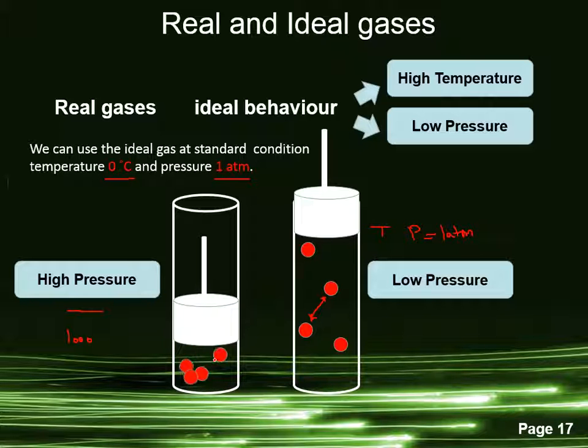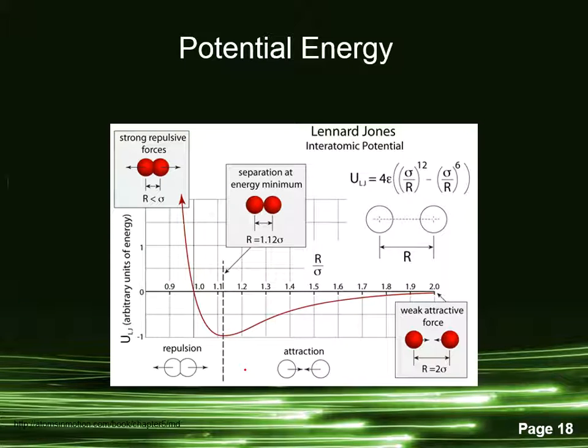Now the molecules are very close to each other. They are so close, in fact, that they attract and repel each other. The forces that we talked about before, that we neglected in ideal condition, now we have to take into consideration. To better understand, let's look at the behavior on the molecular scale.